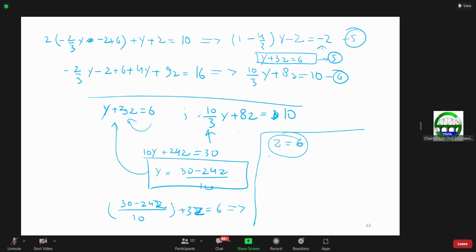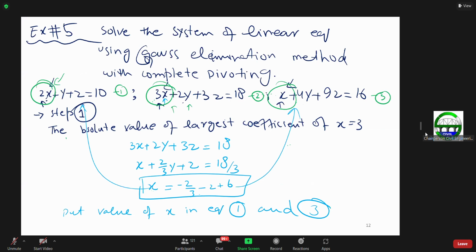If you have the value of z, then put the value in here. y plus 3 into 6 is equal to 6. y is equal to 6 minus 18, which is equal to minus 12. And then put the value of y. You have the value of y and you have the value of z. Just put them in here and find the value of x as well.